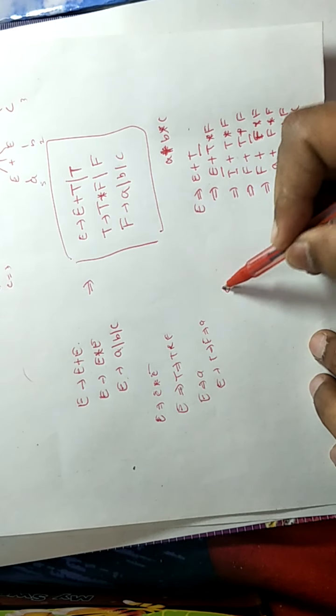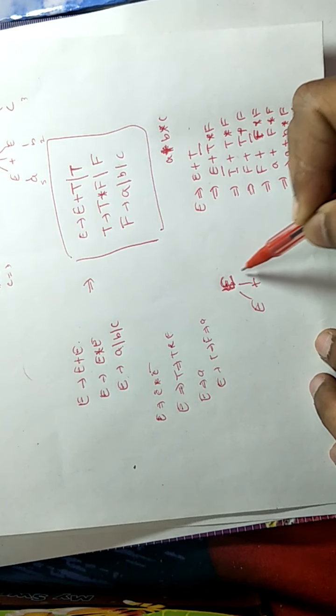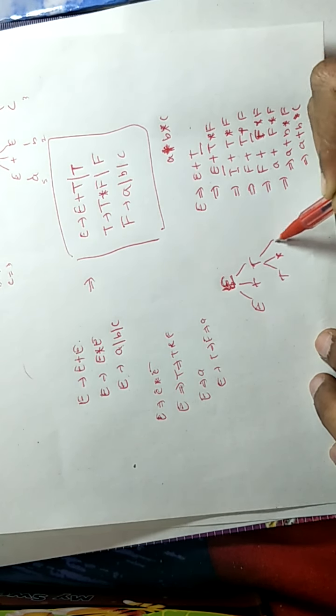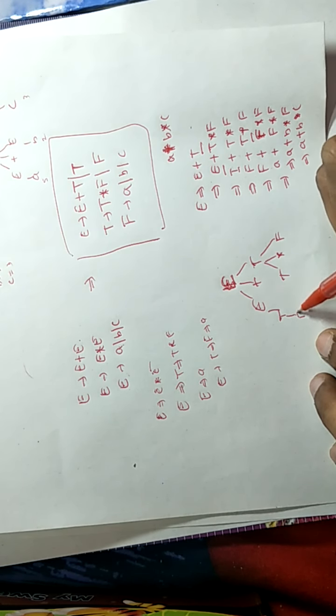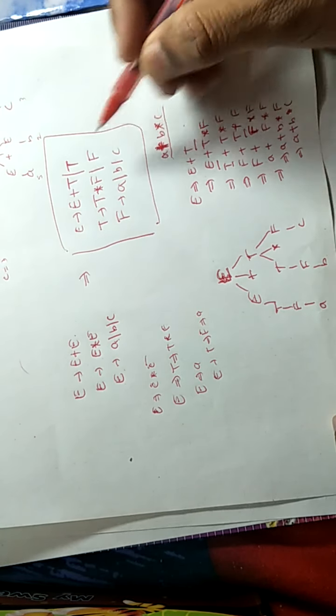and it will come as E tends to E plus T, T tends to T asterisk F, and we replace it by T first, then F, then replacing by A, then F, then B, and then C. And to derive this from this particular grammar, there is no other way.